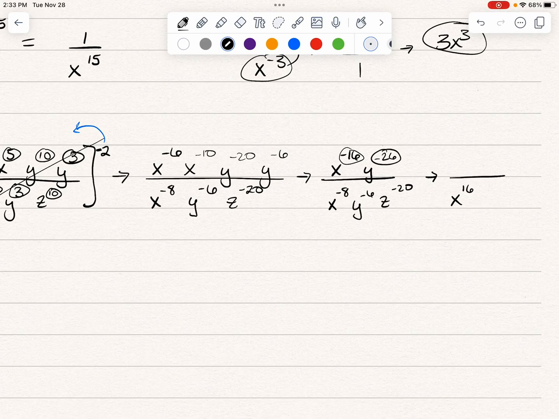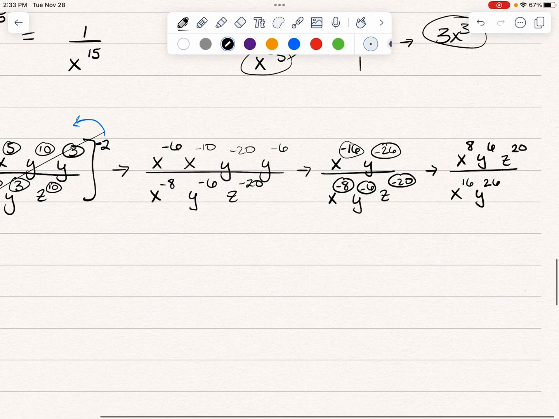Then y to the -26 becomes y to the +26 in the bottom of our fraction. x to the -8 in the bottom is going to become x to the +8 in the top. y to the -6 in the bottom becomes y to the +6 in the top. And z to the -20 becomes z to the +20 in the top.